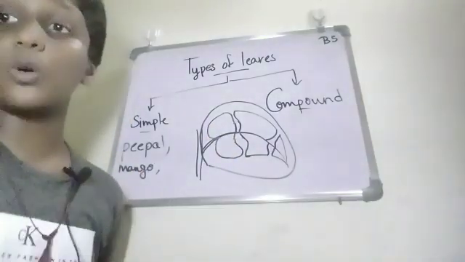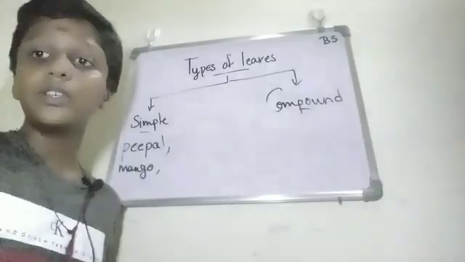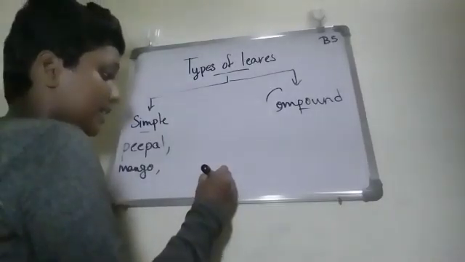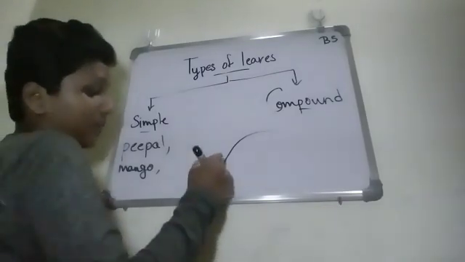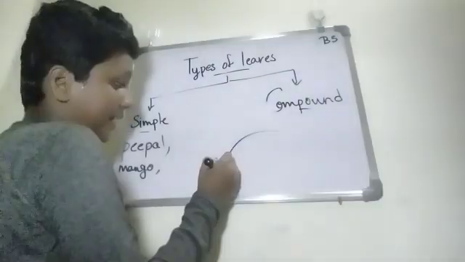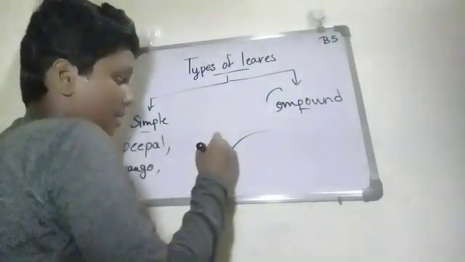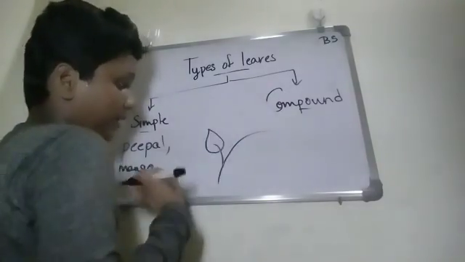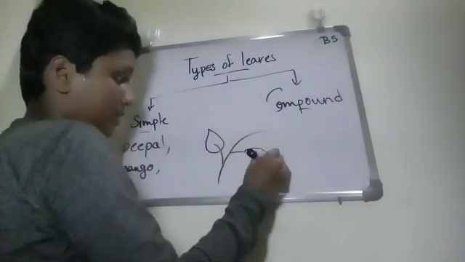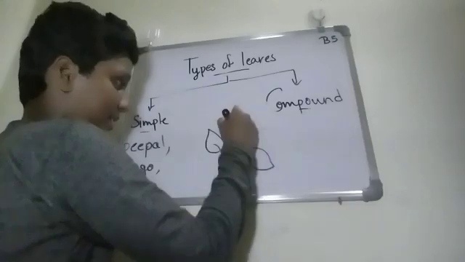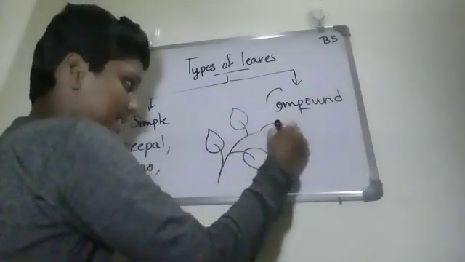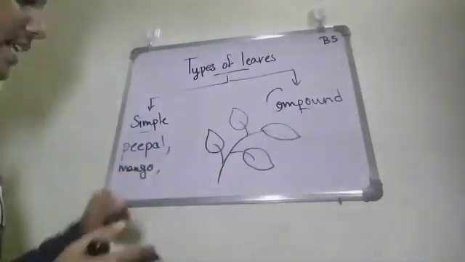And if you take the rose plant for example, you can see this. There will be the stalk like this, and there will be the side veins. But you will see another leaf over here, a structure like this. You can see leaves like this.